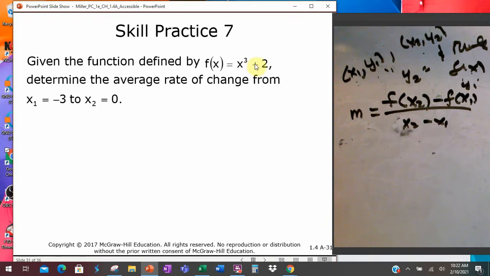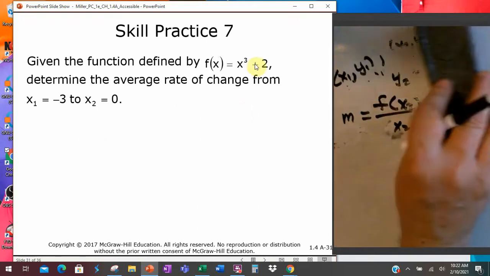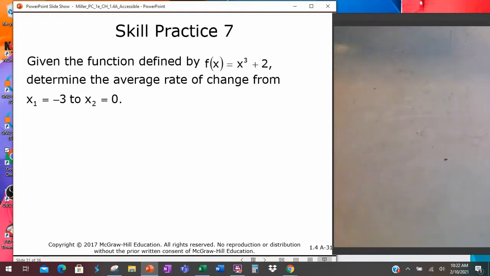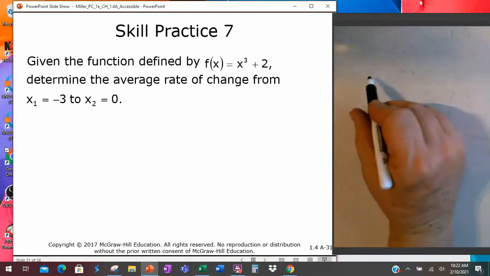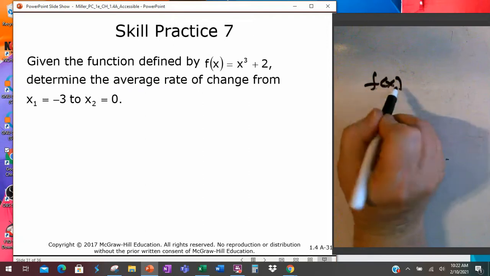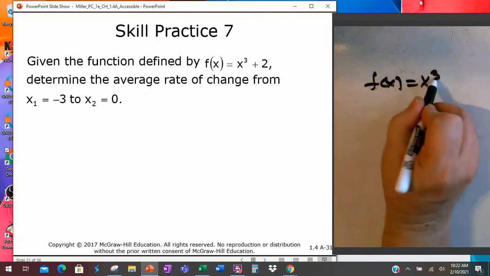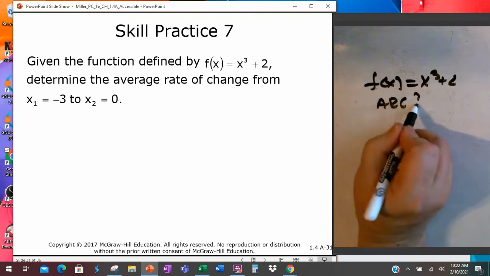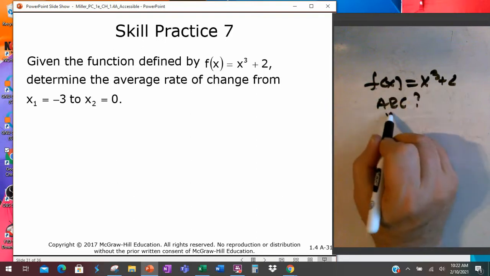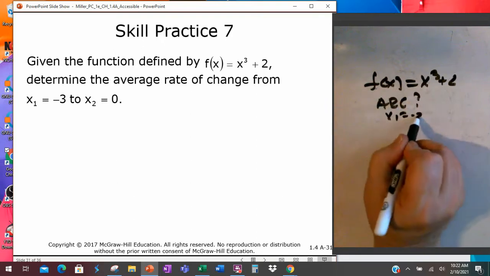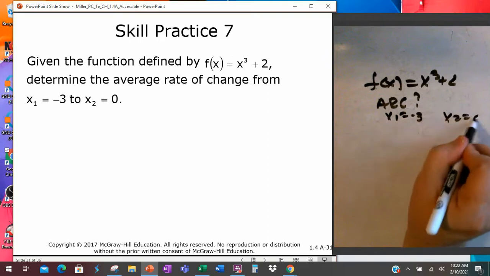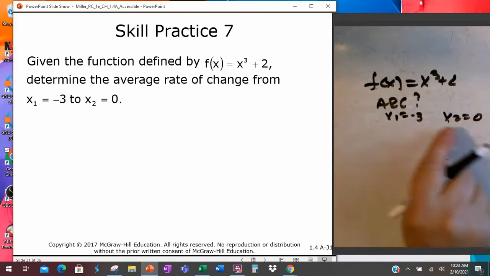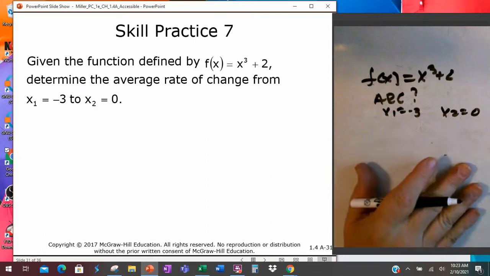Now here's the one that we really need to calculate. I've got f of x is equal to x cubed plus 2, and I want to calculate the ARC from x1 equal to -3 to x2 equal to 0. In general, this is given left to right, x1, x2, x3, but you only need two.